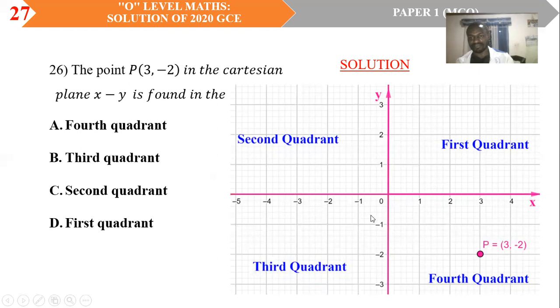In the Cartesian plane, this is the first quadrant, second quadrant, third quadrant, fourth quadrant. So that point is actually in the fourth quadrant. Answer A.